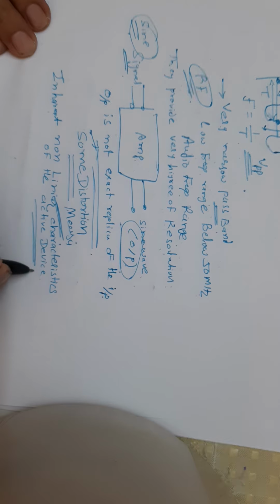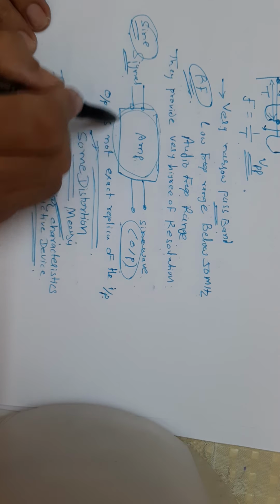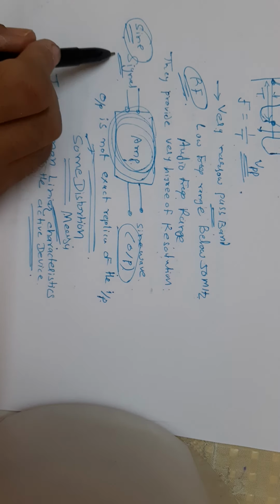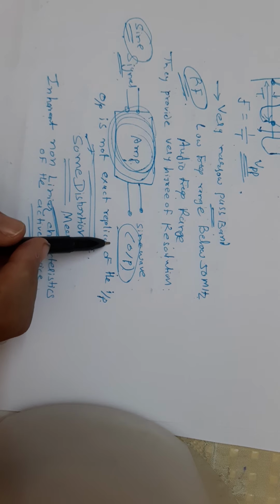Which are active devices? Whatever the circuit component we are connecting in this amplifier, whether active circuit component like transistors, there is some distortion. Hence the output is not exact replica of the input.